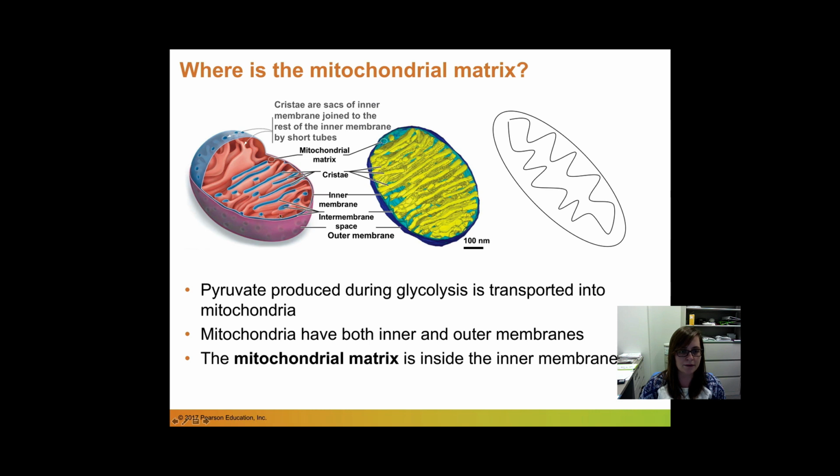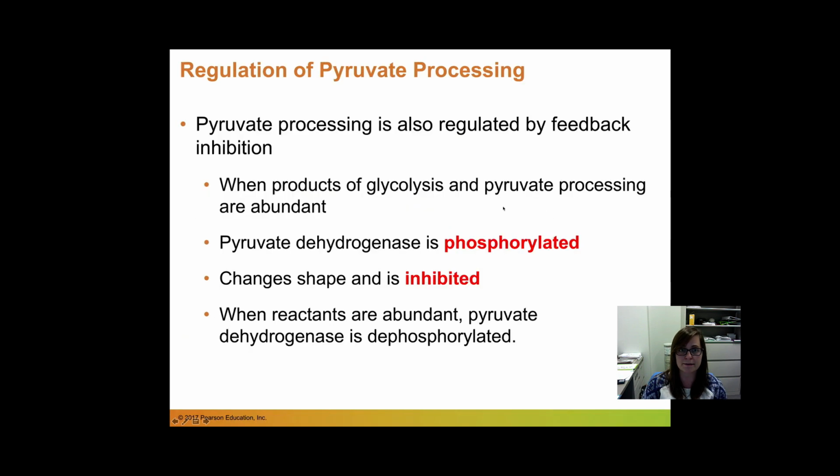Outside of the cristae, the area outside of those sacs, is the mitochondrial matrix. If each line here represents that double membrane, then outside of that but inside the mitochondria is the mitochondrial matrix. This is where this reaction takes place in eukaryotic cells.